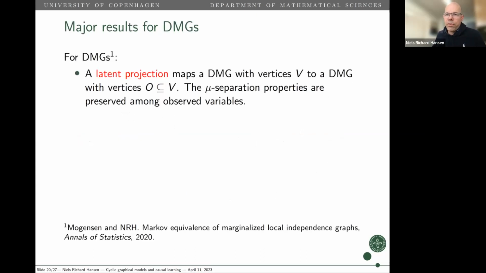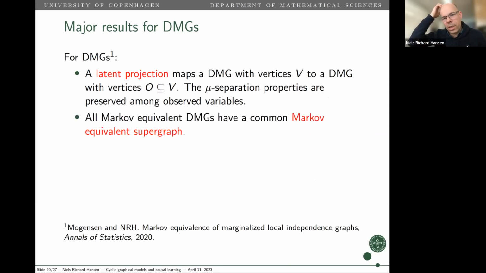So the major results for these directed mixed graphs with mu separation are the following four results. As I just said, we have this latent projection map, so mu separations are preserved among the observed variables if we do this latent projection.